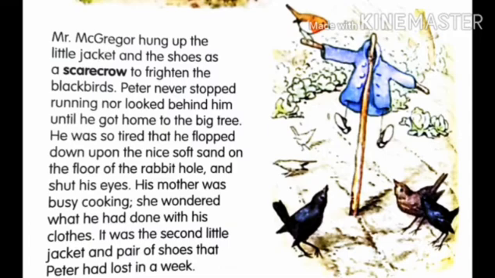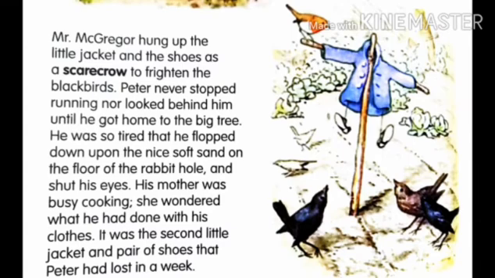If we hang the shirt and shoes to a stick, the crows think that some person is standing there. So they won't come to eat the grains or vegetables or whatever is there in the garden. So Mr. McGregor used the little bunny's shirt and shoes as a scarecrow.